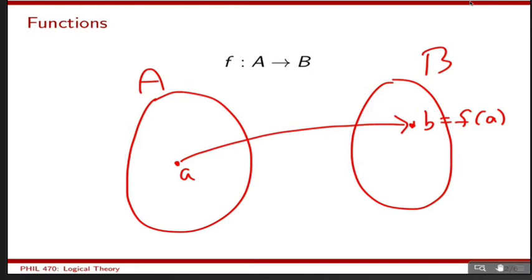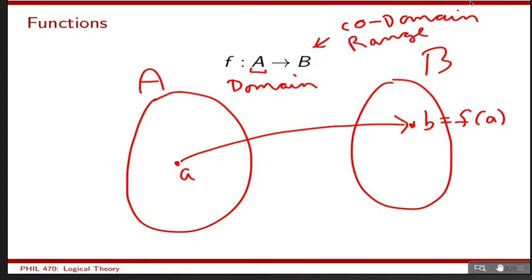Now a bit of notation. A is called the domain of the function f, and B is called the codomain of the function f. Now, you may hear people refer to the range of a particular function.